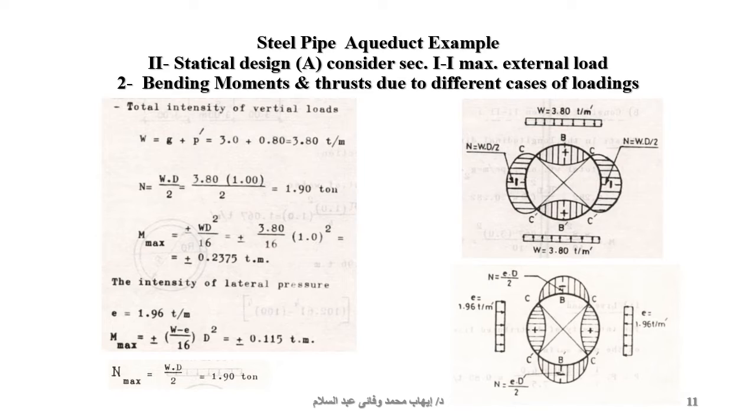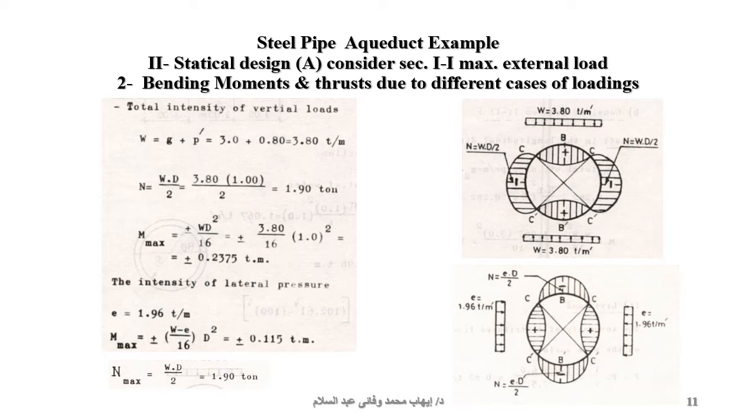We arrive that normal force is equal 1.9 ton and M maximum plus or minus 0.2375 ton multiply meter. The intensity of lateral pressure E equal 1.96 ton per meter run. That's horizontal.